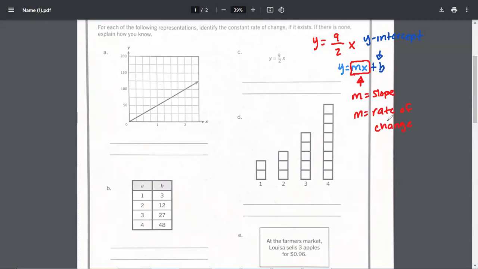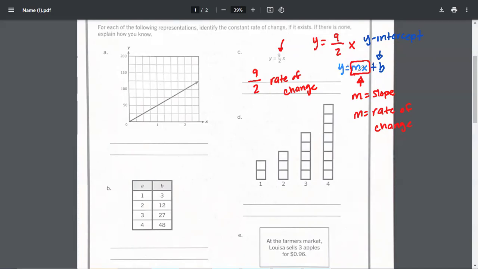Those two words are the same thing, the slope, the rate of change. So when I look at this, your slope is always stuck to the X because you're multiplying it to your X. When I look at this equation, I can see that that 9 over 2 is the number attached to the X, meaning that 9 over 2 is my rate of change.